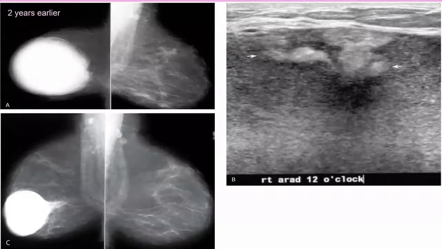There is the dense mass, it seems larger and occupying almost most of the right breast. It reduces in size. Excellent. So we are dealing with a breast mass. Does the previous image help you? Yes.